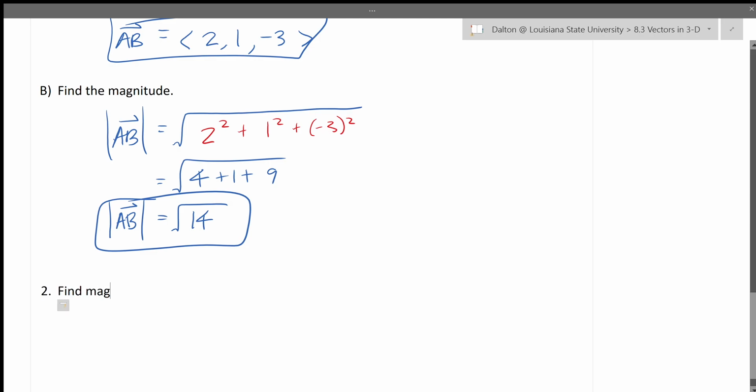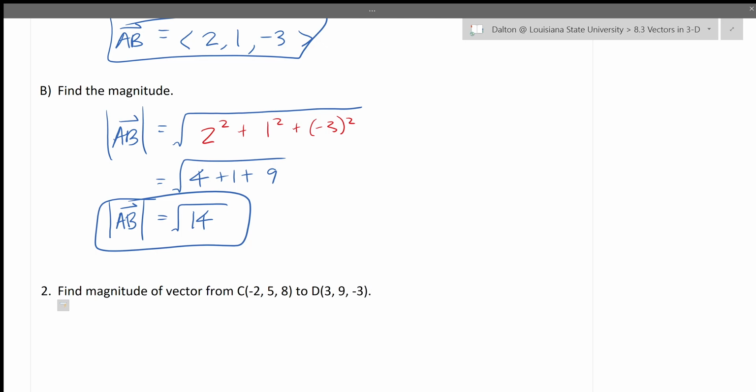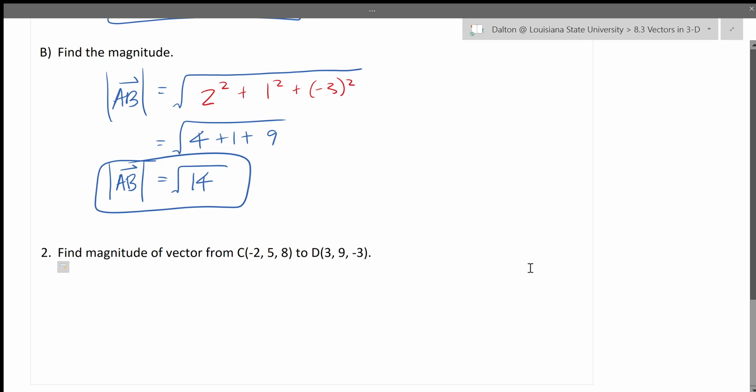I want you to find the magnitude of the vector from point C, which is -2, 5, 8, to point D, which is 3, 9, -3. So find the magnitude of this vector.